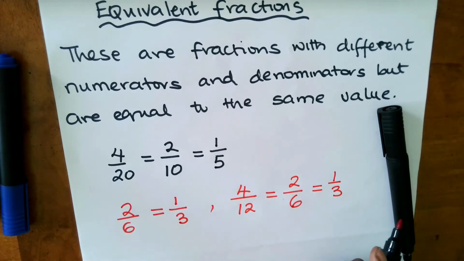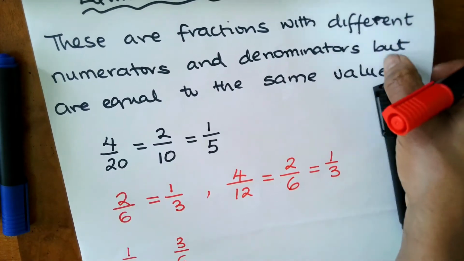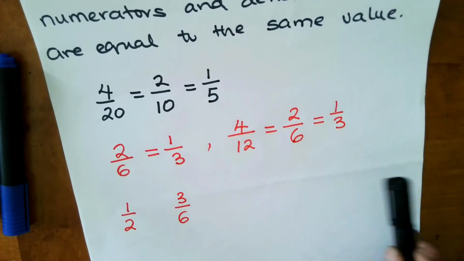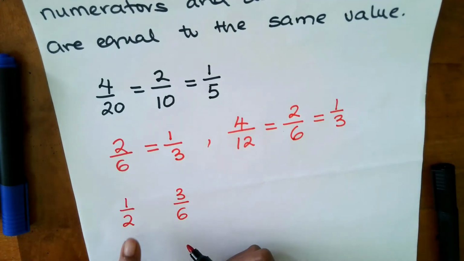There's another method of finding equivalent fractions, knowing if fractions are the same. If I've got 1 over 2, which is a half, and I have 3 over 6, to find out if these two fractions are equivalent, I will have to cross multiply the fractions.